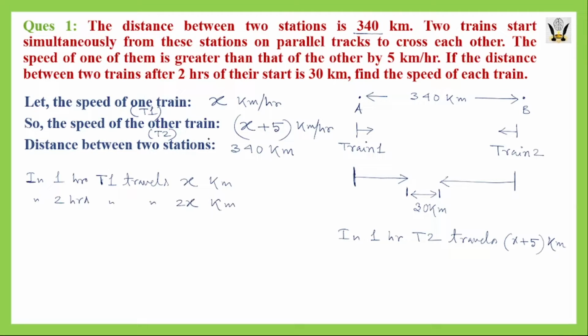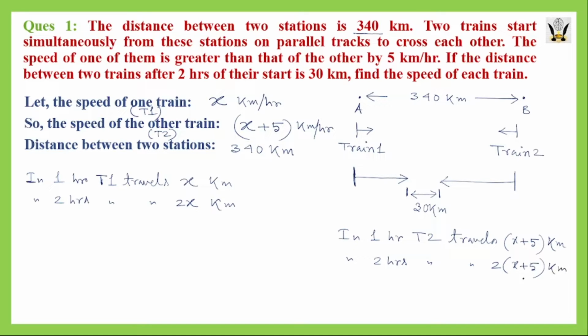Similarly, the speed of train 2 is x plus 5 kilometer per hour. That means in 1 hour train 2 travels x plus 5 kilometer, right? That means in 2 hours train 2 will travel twice the distance that it covers in 1 hour, that means 2 multiplied by x plus 5.